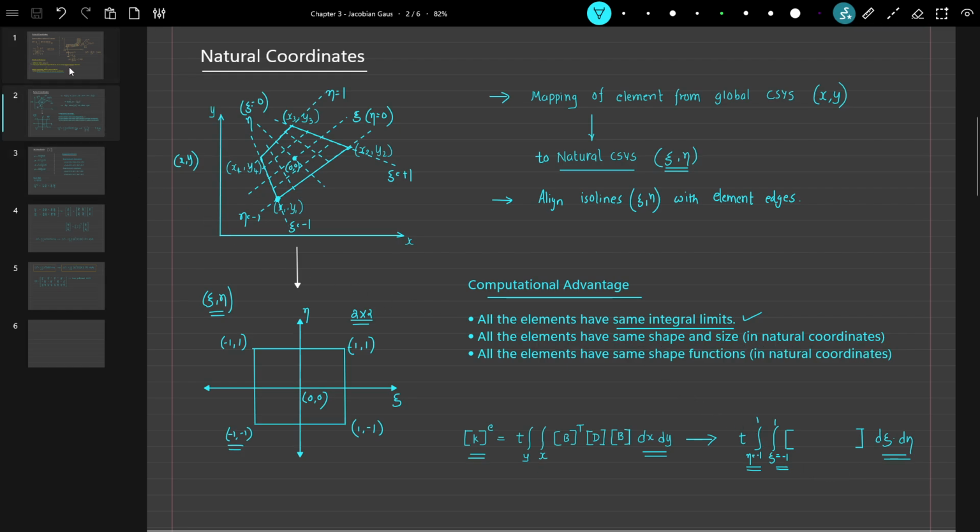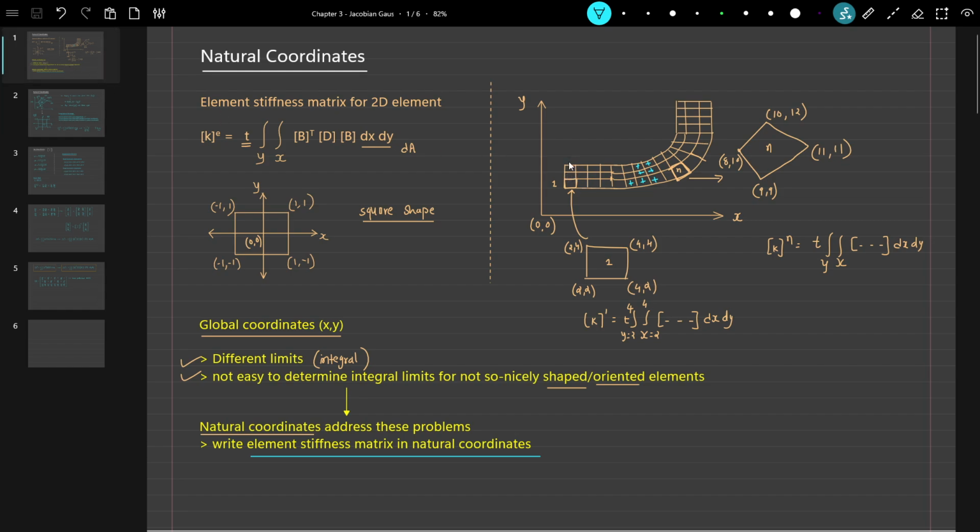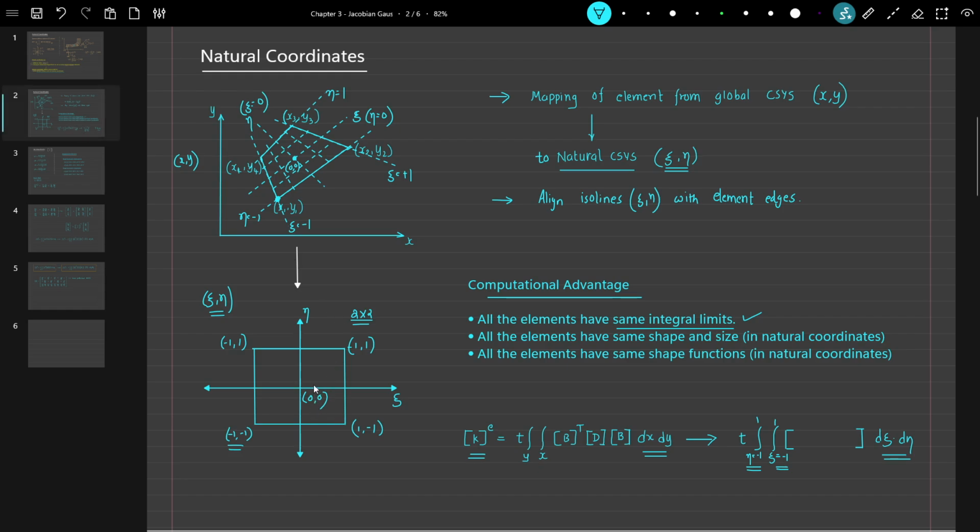So irrespective of any element, okay, let's take this as the smallest element and this as the largest element. But when we perform coordinate transformation, all elements will be of square shape, that is 2 by 2. So all the elements now have the same shape and size in natural coordinates, not in global, but yes, in natural coordinates.